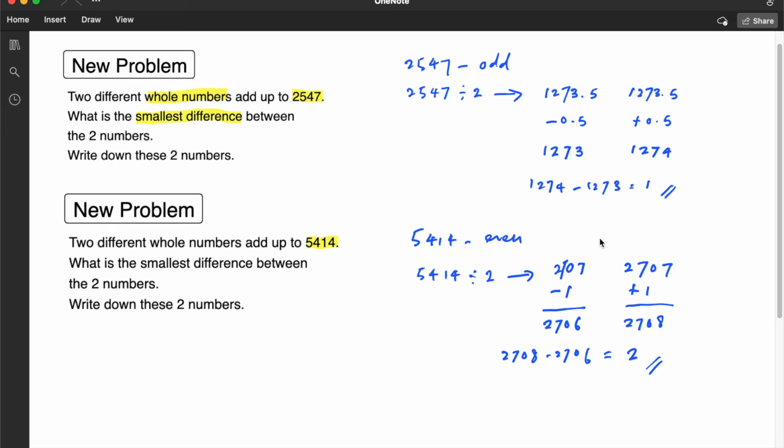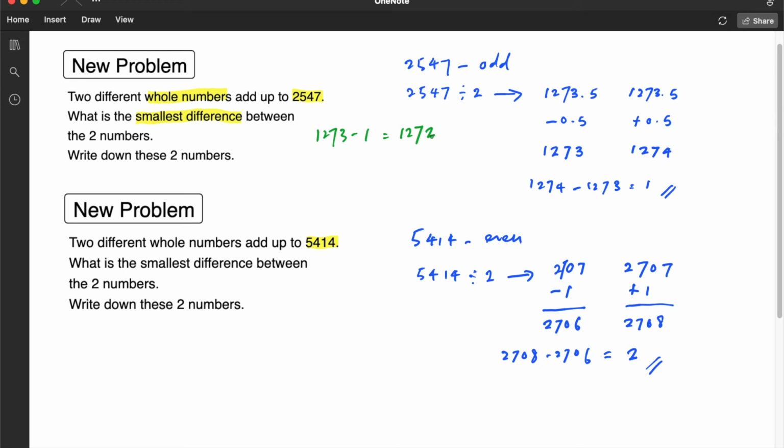Now for learning purposes, let's explore this further. Let's assume I want to find the next smallest difference. Let's go back to the first case. The smallest difference is 1. But what is the next smallest difference? What we can do is to go back to this, and instead of 1273, we minus 1 from that. So we're going to get 1272.